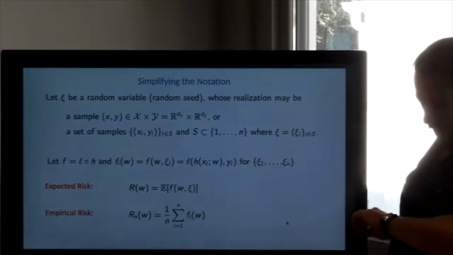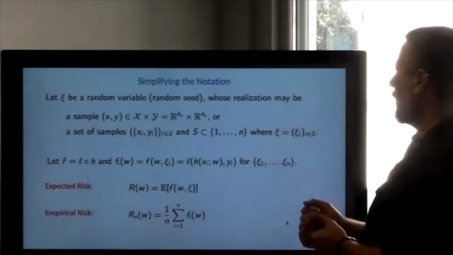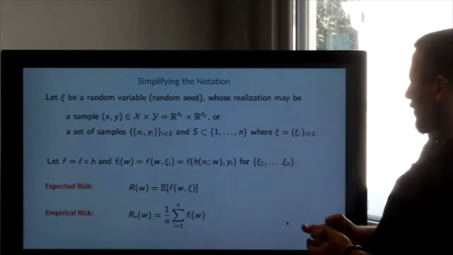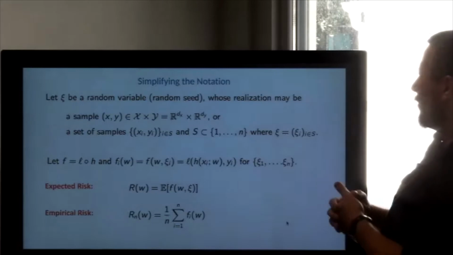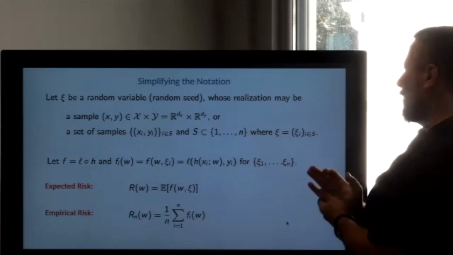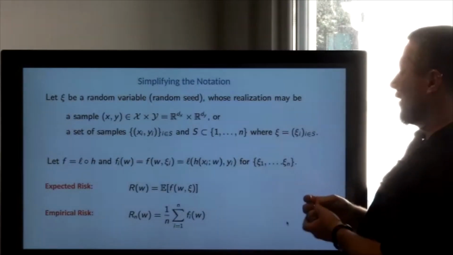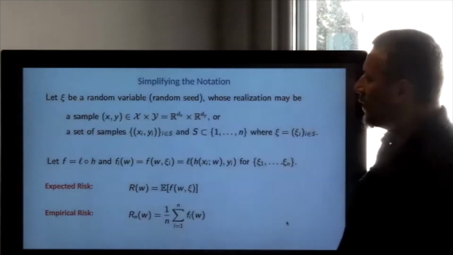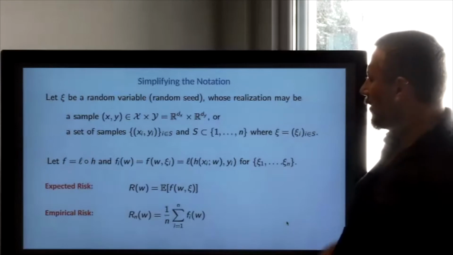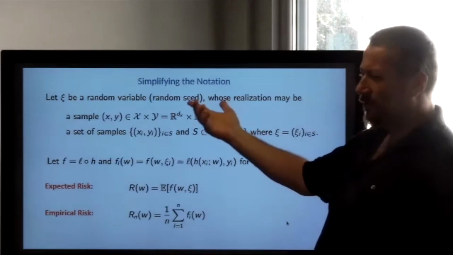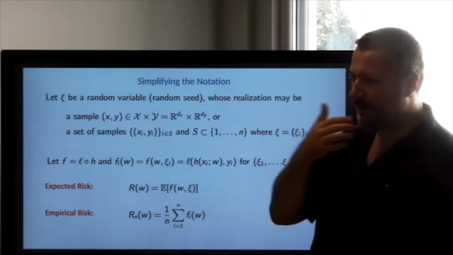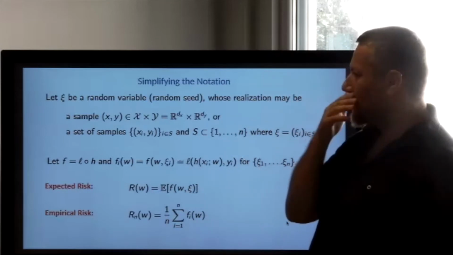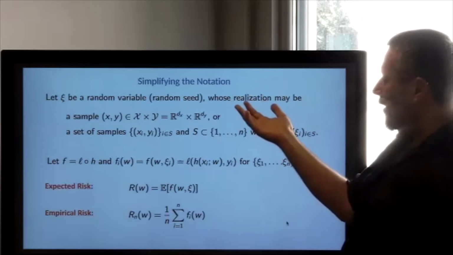So I'm just going to simplify the notation a little bit. All right, so I'm going to see this problem like this. I'm going to use xi as a random variable. It can be a random seed, right? Because let's say we have a data set depending on indices from 1 to n, and xi will give you a random seed.